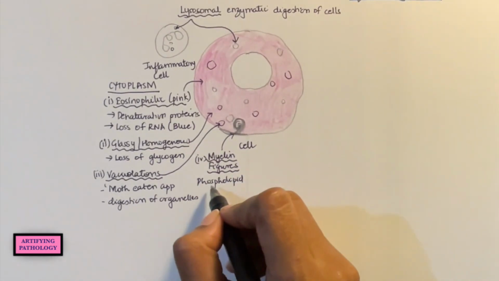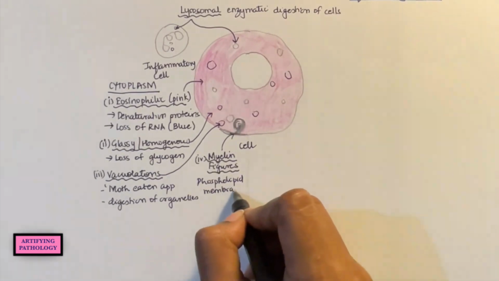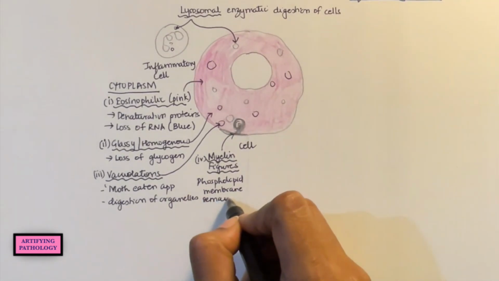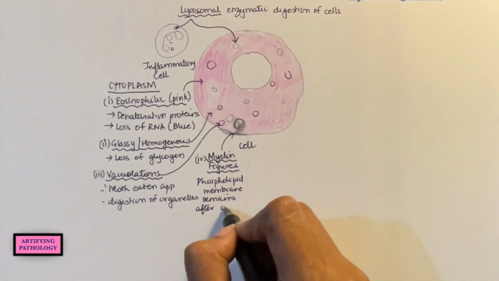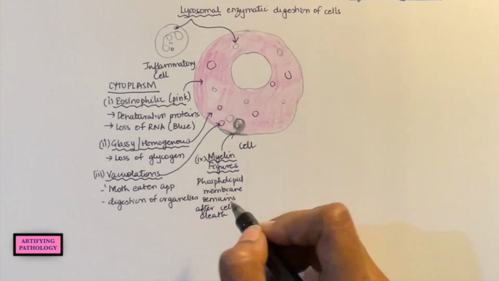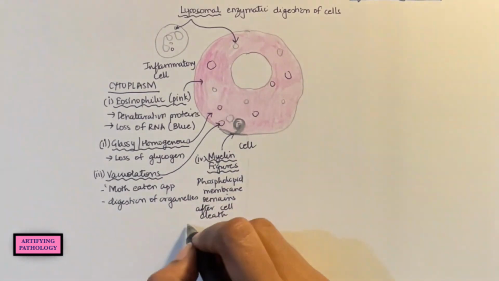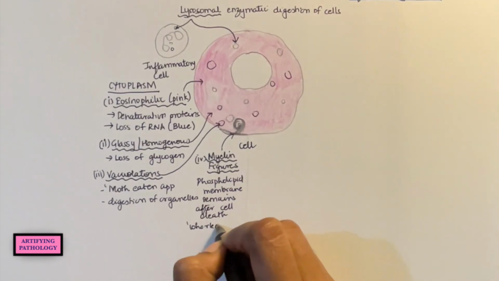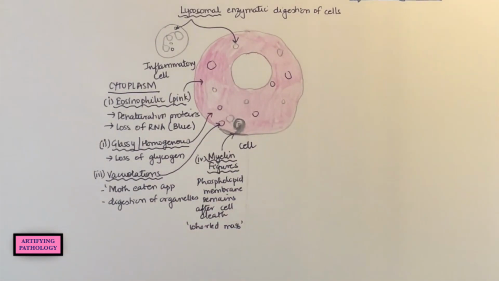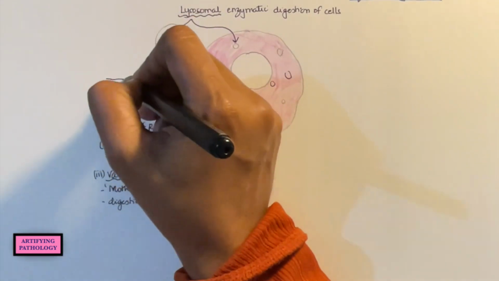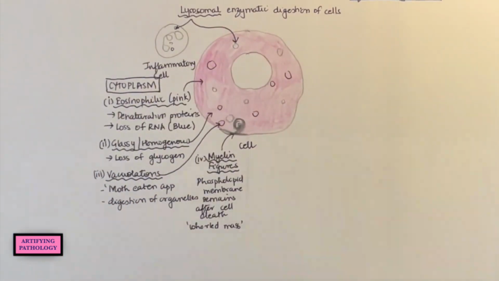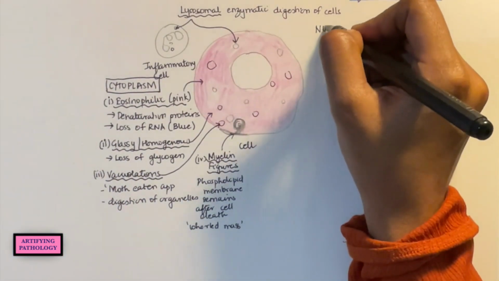So myelin figures are phospholipid membrane which remains after the death of the cell, and they have a whorled appearance. So with this we complete the cytoplasmic features.